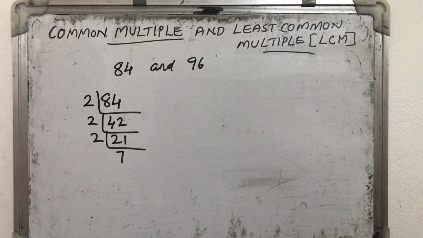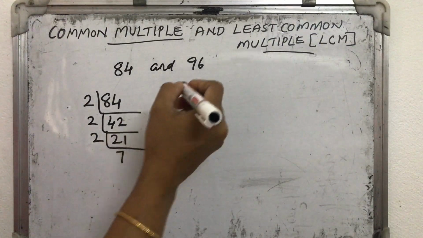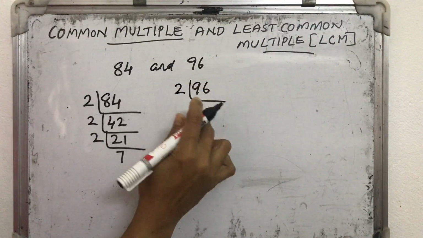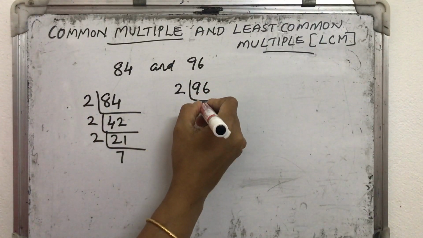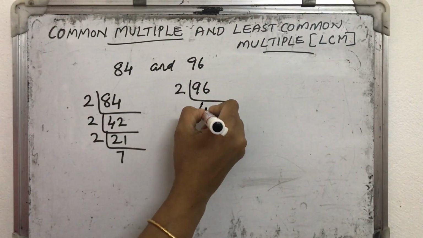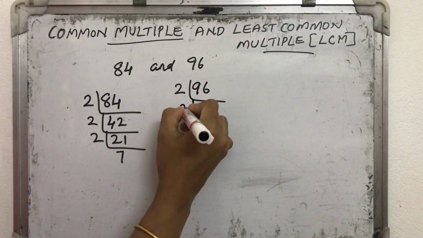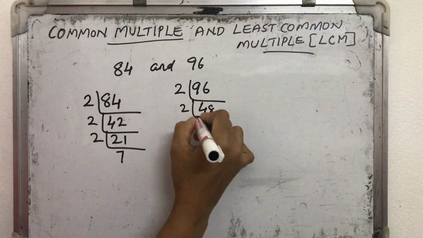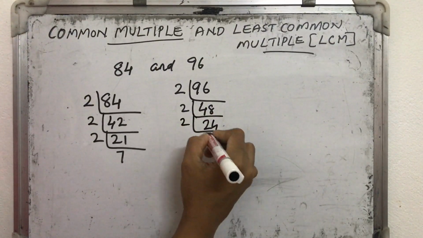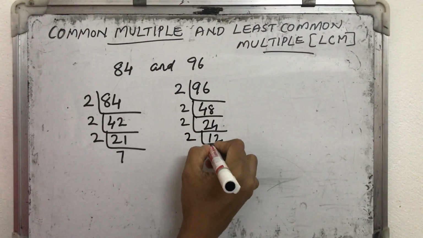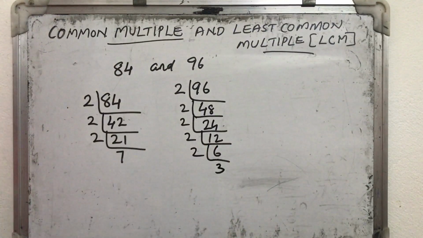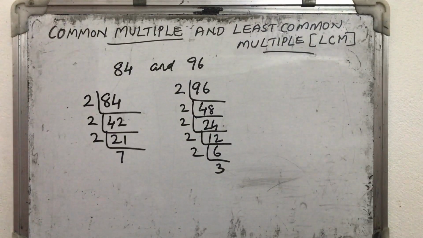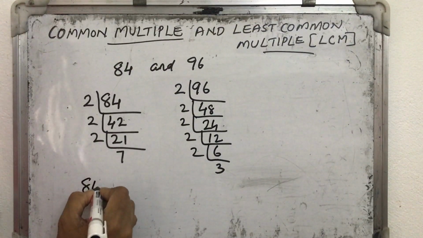Last we got a prime number, so we can stop there. 96 also we can prime factorize with the least prime 2. It is divisible by 2, so we get 48, again divided by 2 we get 24, then 24 by 2 is 12, 12 by 2 is 6, 6 by 2 is 3.